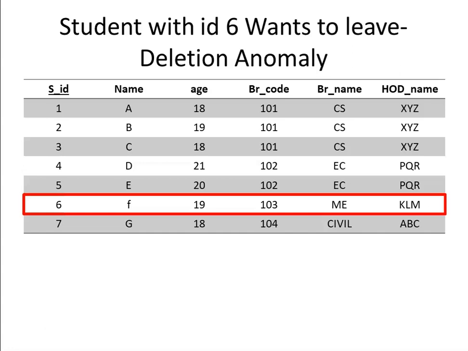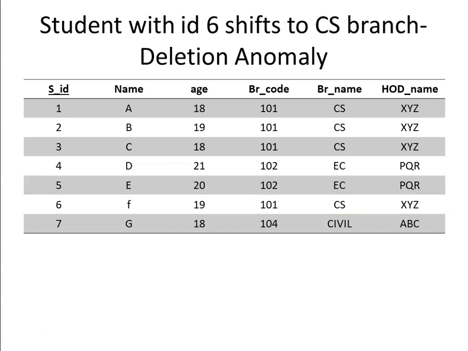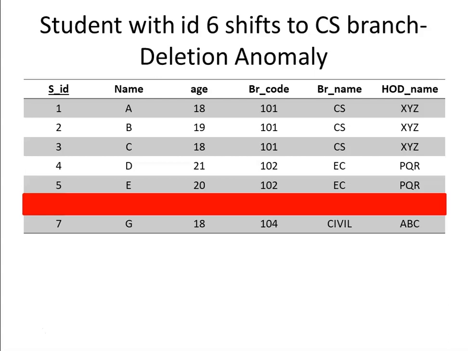If we delete the information about the student, the branch information is also lost, assuming there's only one student for this course. So the information about the mechanical branch is lost forever. Such problems are called deletion anomaly.